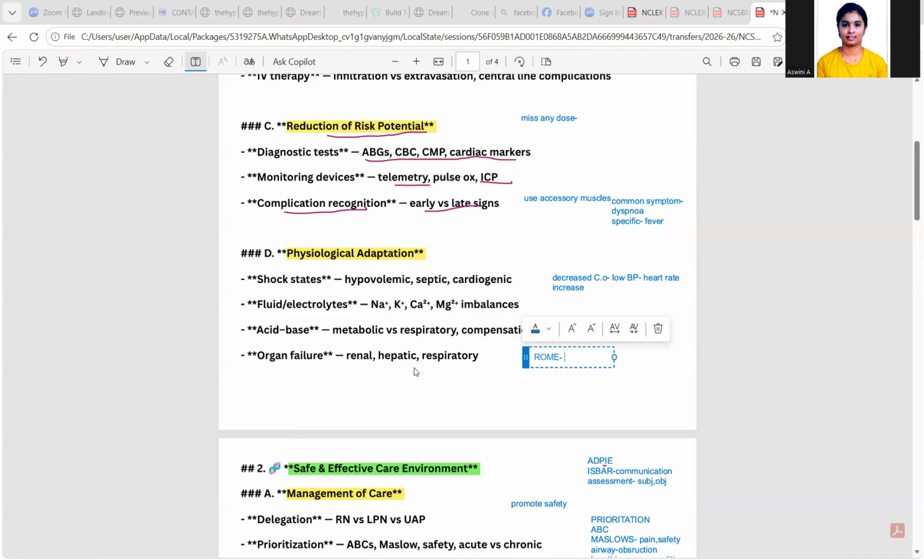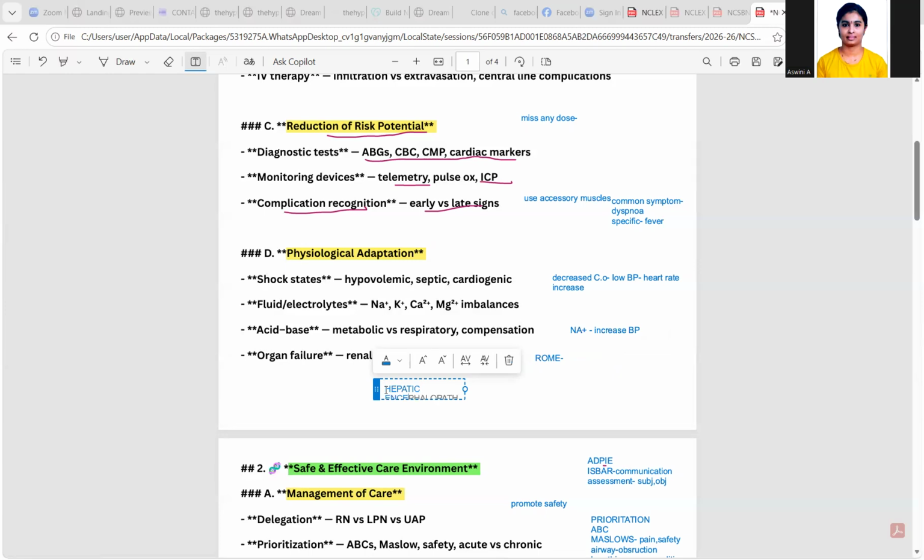We know that hepatic encephalopathy is a very important topic. The ammonia will get accumulated in our body, so the ammonia needs to be eliminated from the body through the feces. Otherwise, this ammonia can easily cross the blood-brain barrier and affect the brain tissue. So it can lead to hepatic encephalopathy. In case of hepatic encephalopathy, the treatment of choice is, do you know which one?